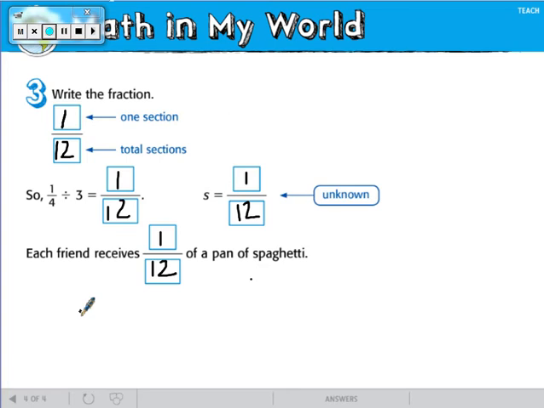I told you, after you're done with this, you're going to show me how you actually would do the problem when you're not modeling it. So you're going to go 1/4 divided by 3 equals. What do I have to do with my 3 since I'm working with fractions?